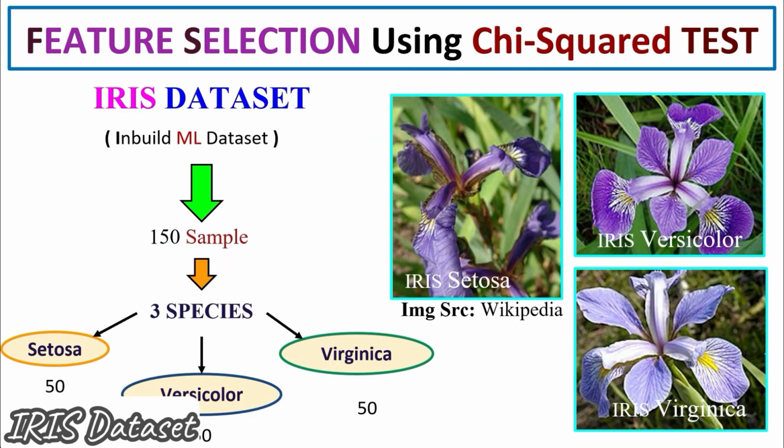In this dataset, we have 3 flower species. You can see Iris setosa, Iris versicolor, Iris virginica. So we have 3 species, and in each species we have 50 data points, or you can say 50 samples per species.